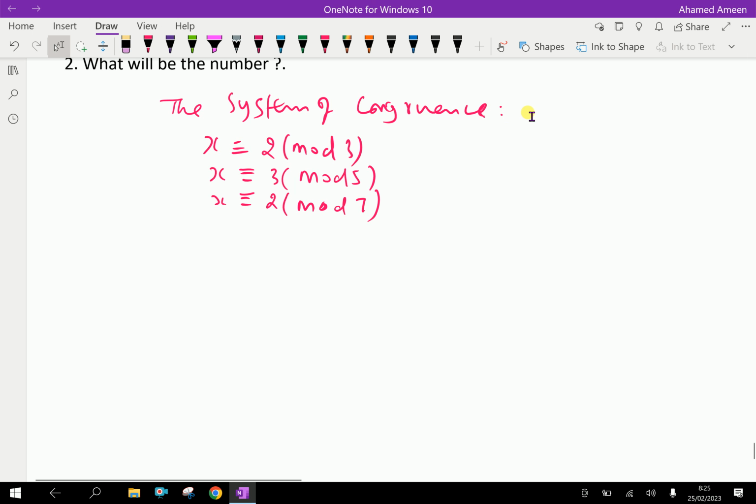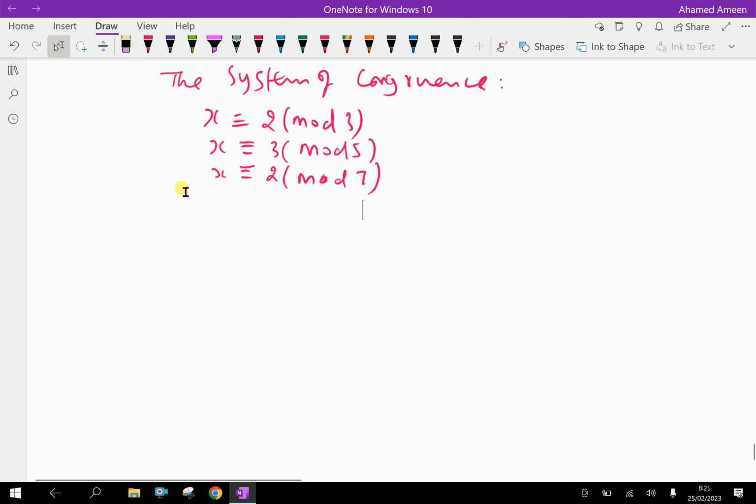So this is a system of three equations. We have to solve this.